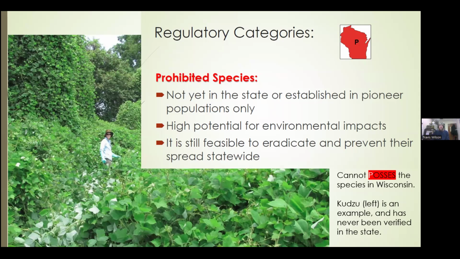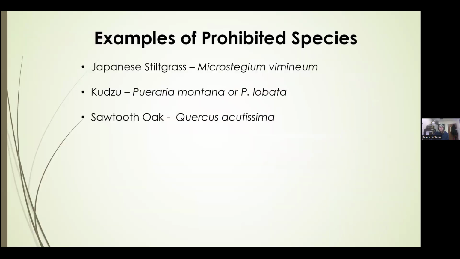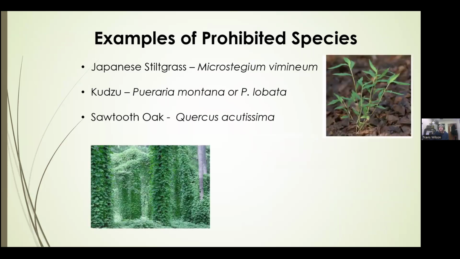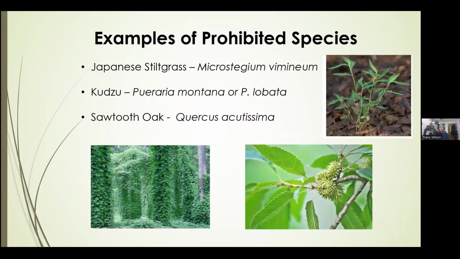We don't want them to get out and become a problem, and they also have a pretty high impact on environmental health. Some examples would be Japanese stiltgrass, kudzu, or sawtooth oak.